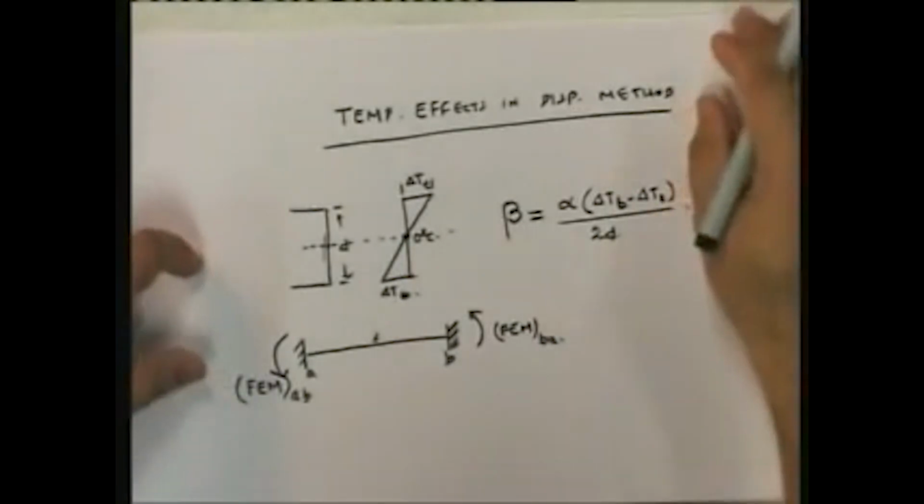If you look at member force and member deformation, MAB is equal to 4EI upon L, theta AB, where theta AB is due to displacements, plus 2EI upon L, theta BA, again theta BA is due to displacements, plus the fixed end moment at AB.